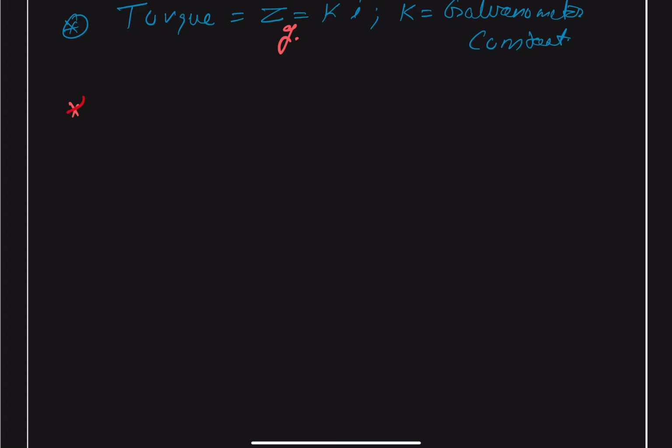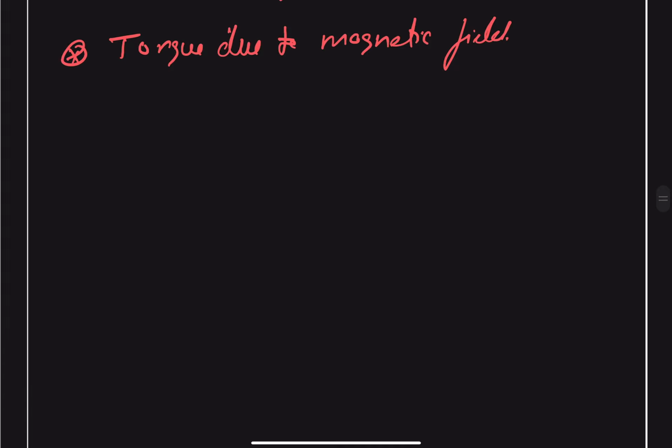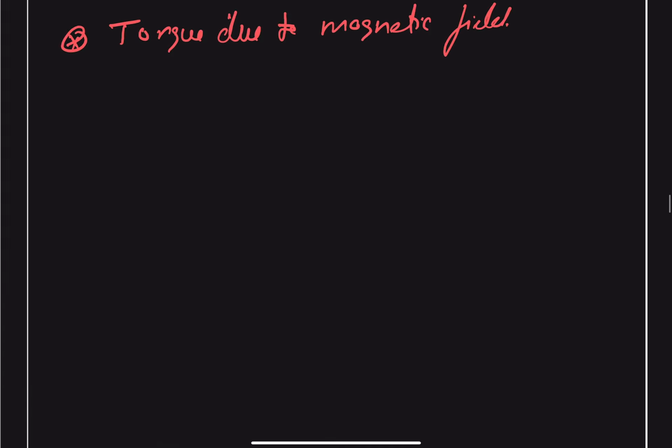and next we find out torque due to magnetic field. Torque due to magnetic field is our NIAB sine of theta.